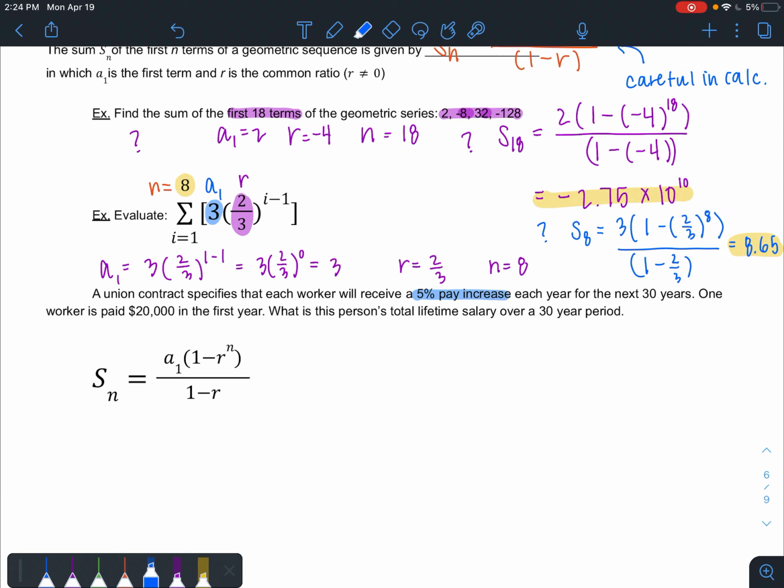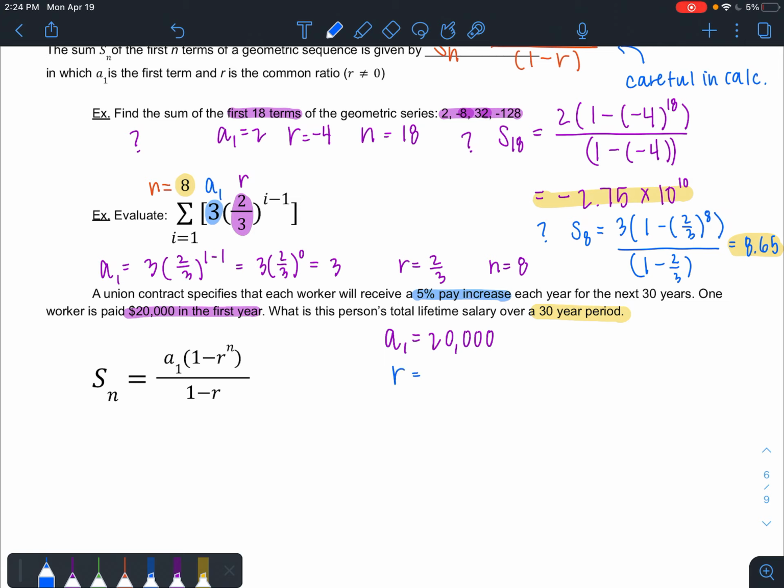Okay, so this piece, 5% pay increase, is important. The $20,000 the first year is important, and then the fact that it's over a 30-year period is important. So now we just have to put that where that goes. So my a sub 1 is going to be that starting amount. So that 20,000 is my starting amount, my first year.